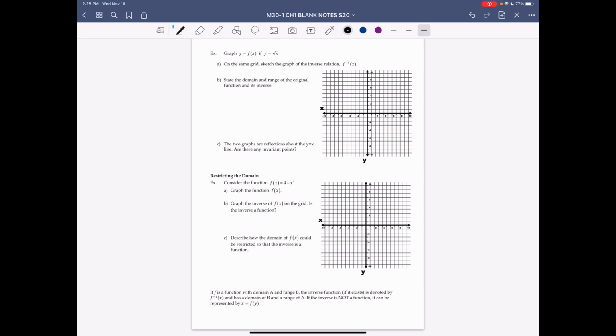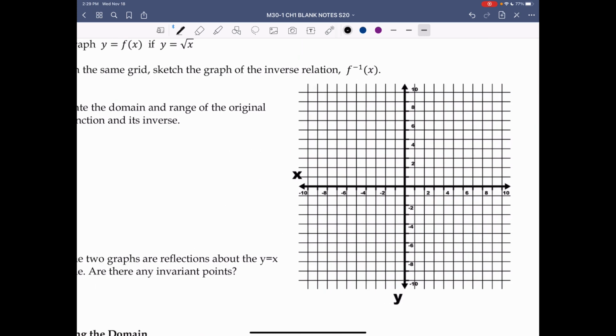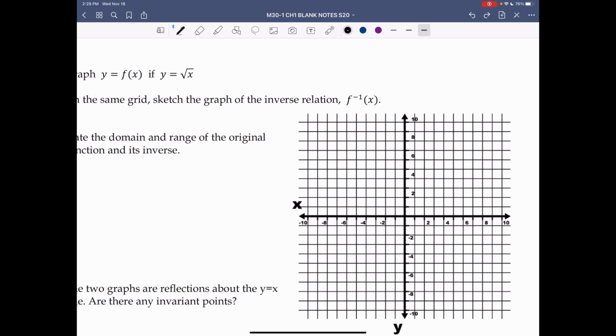Graph y equals f of x if y equals the square root of x. We can plug in some values for x. If x is 0, the square root of 0 is 0, so we have a point at 0, 0. We can't have negative x values because we can't take the square root of a negative, so we're going in the positive direction. If x is 1, the square root of 1 is 1.